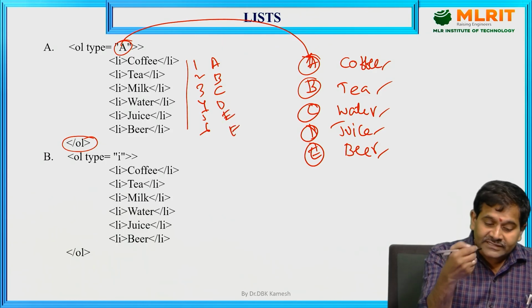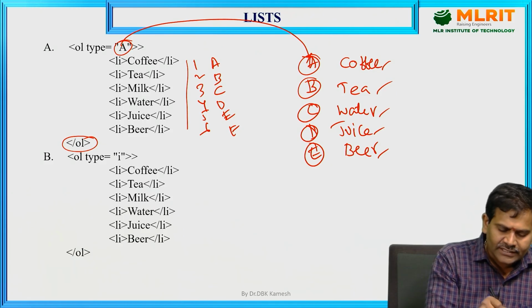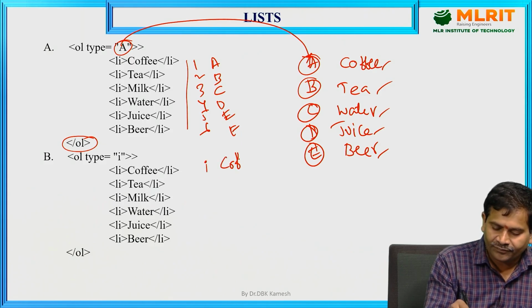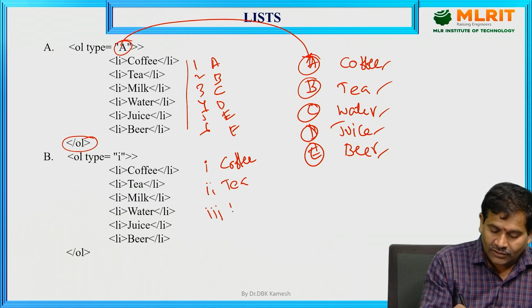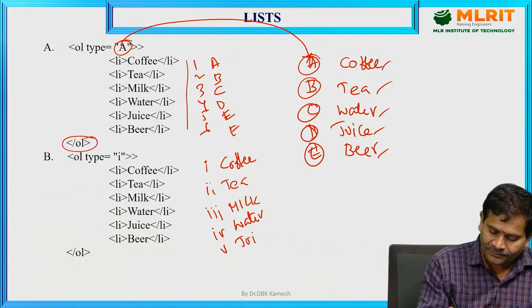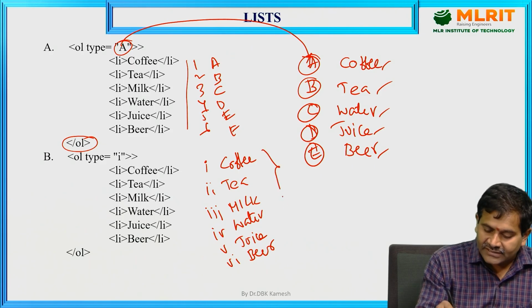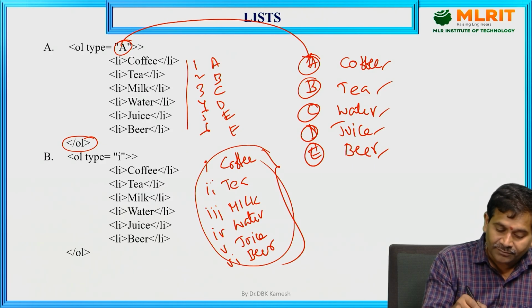Then the same content we are using with Roman lowercase. First one, coffee, then tea, then milk, followed by water, then juice, but these are all lowercase, then beer. So in this list of items, it is the same list of content, but the style, meaning the type, is changed.